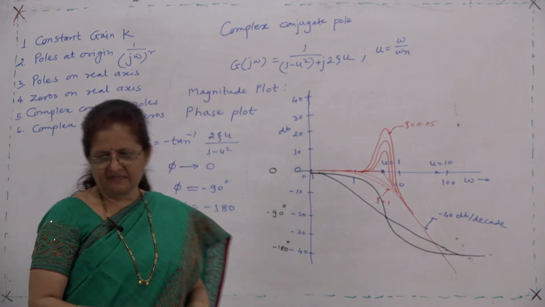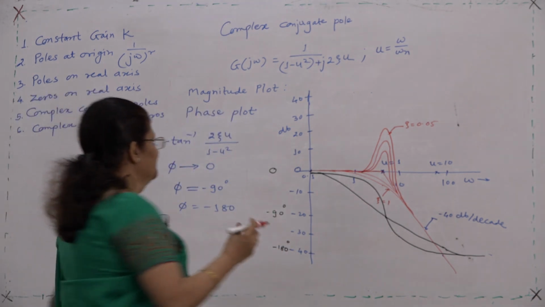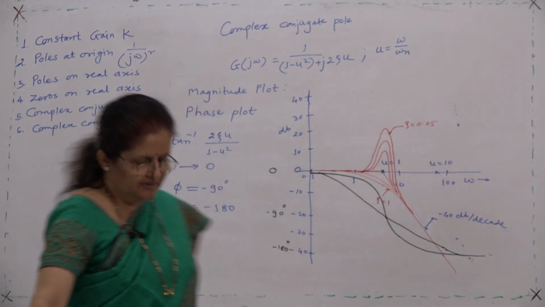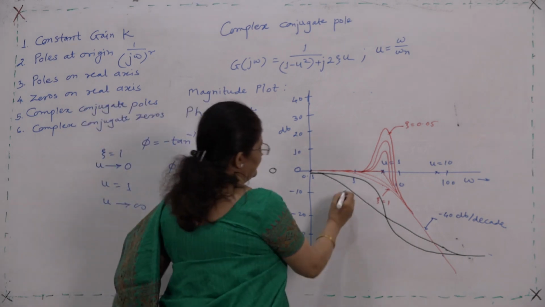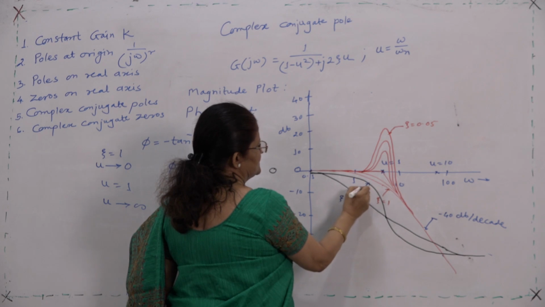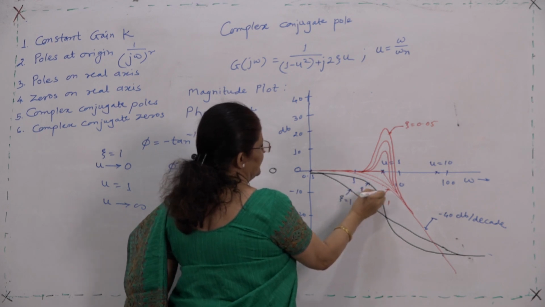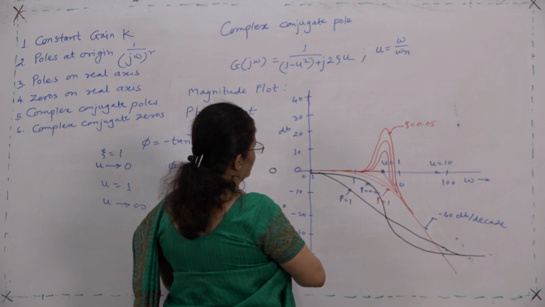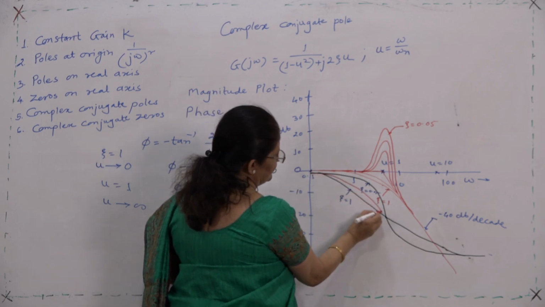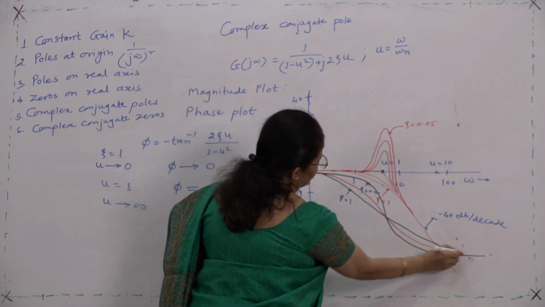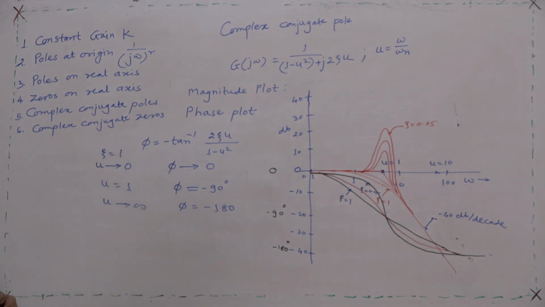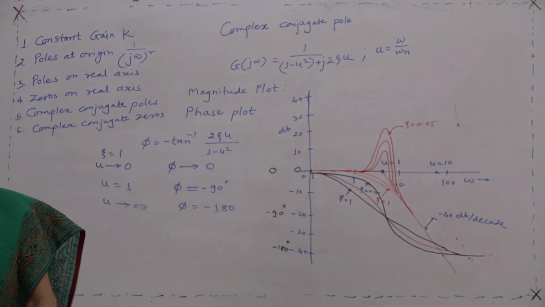So, suppose we consider this first curve is for zeta equal to 1 and this is for zeta is 0.05. In between you will get the plot somewhat like this. As per the values of zeta, you will get the plot like this.